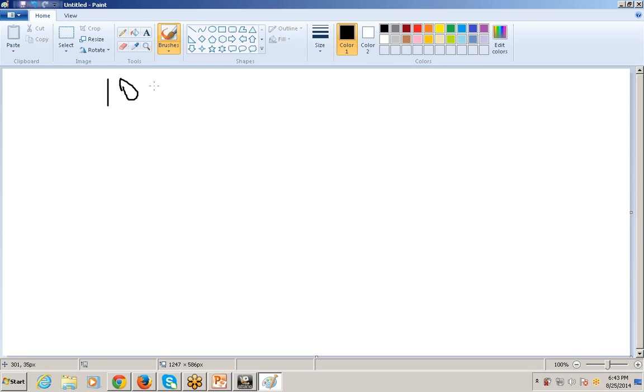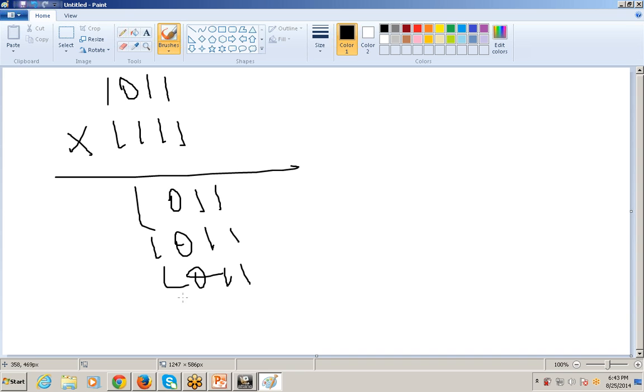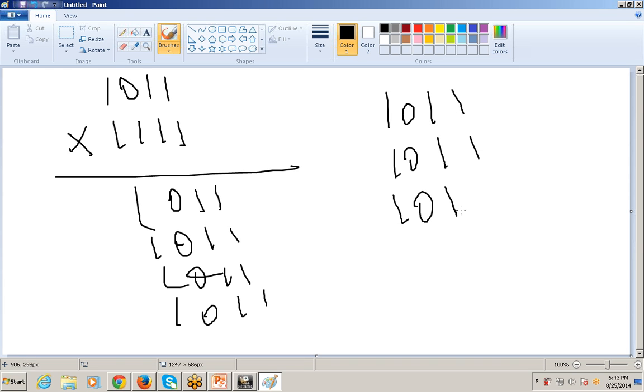Suppose I have to multiply these numbers, that is 1011 with 1111. So first of all, use 1 with all this, so this is the same. Again 1011, again 1011, again 1011. So this is 4 rows: 1011, 1011, 1011, and 1011.